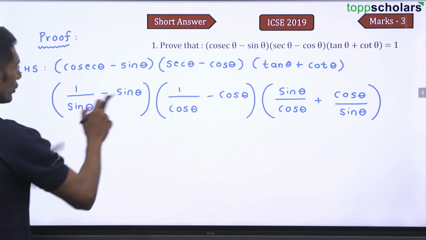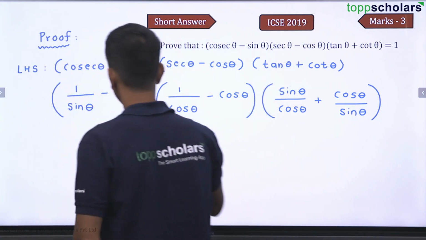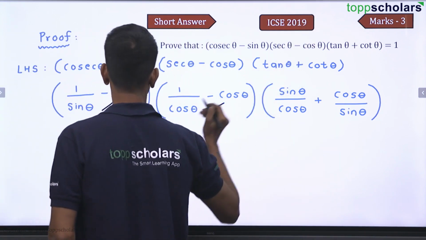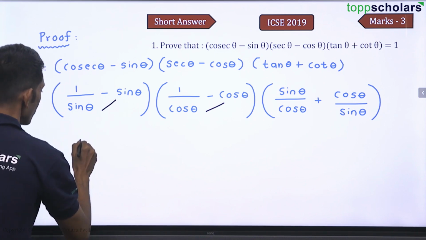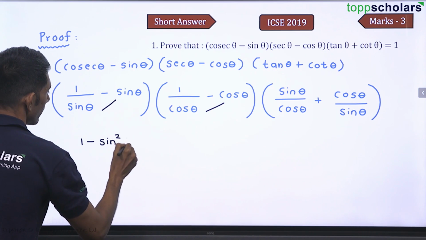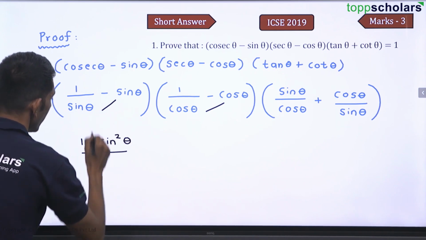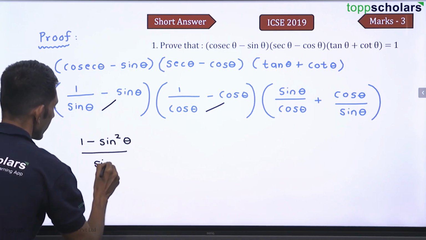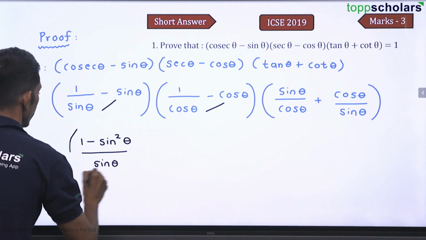Correct? So if I cross multiply, what will I get? I get 1 minus sin square theta by sin theta, correct.